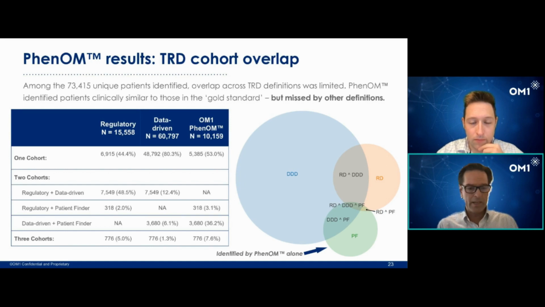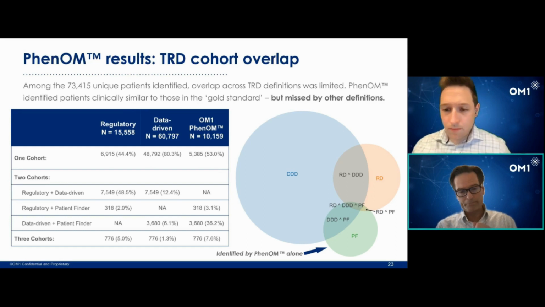People who maybe have side effects or have comorbid anxiety. We know that from the research, they did have higher levels of anxiety. A lot of churn in this population for any number of reasons, but certainly reasons that don't overlap with the other two definitions. The regulatory definition was not limited by time.